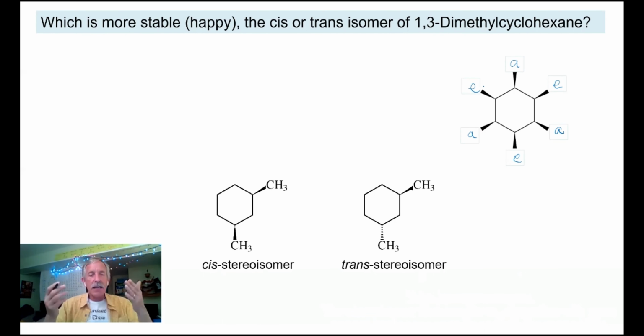Granted, I could also show you the dotted lines: underneath these, every equatorial has an axial. That's a dotted line, and therefore, below that equatorial is an axial pointing straight down.